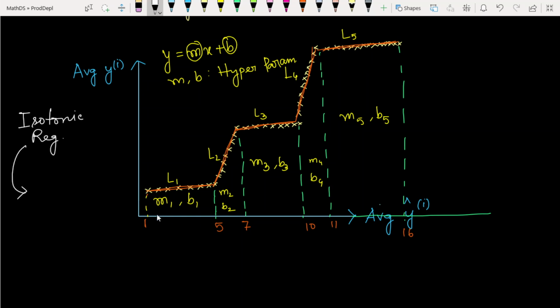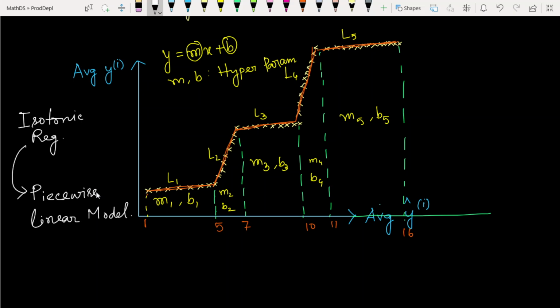We have to break the whole region into small portions. So it is called the piecewise linear model.